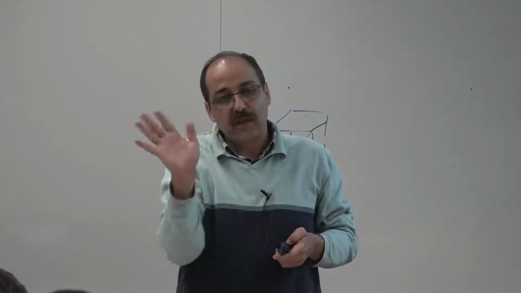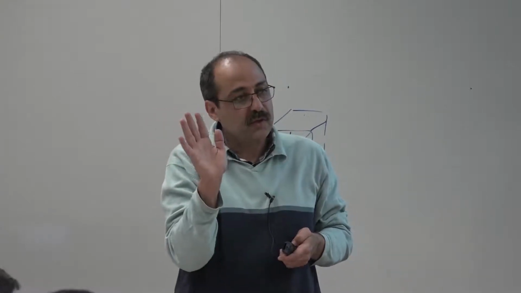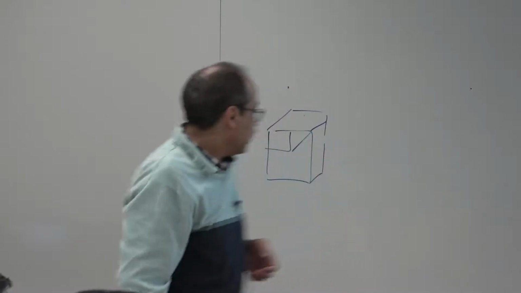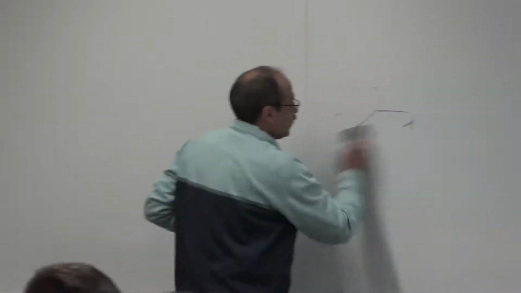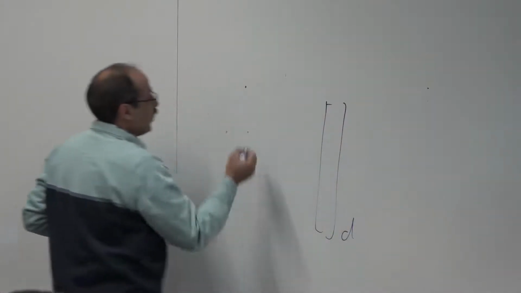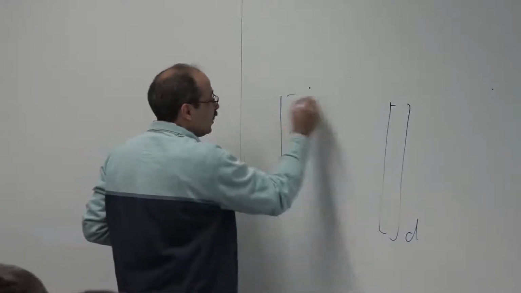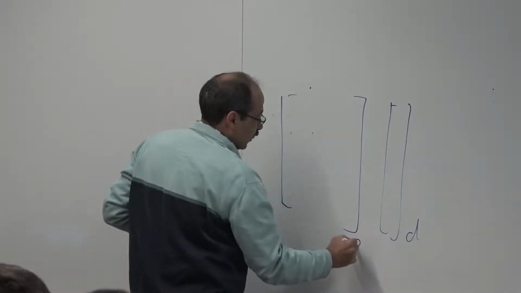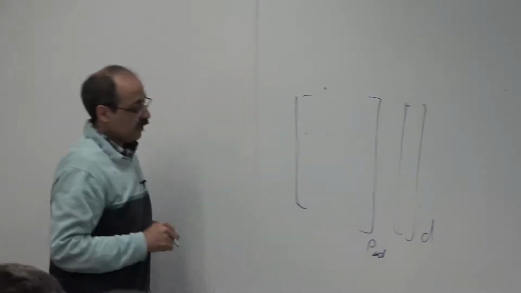There are actually interesting properties about random projection. Forget about neural networks and convolutional neural networks. If you want to reduce the dimensionality of the data, say I have d-dimensional data and I want to reduce it to p dimensions, I multiply this vector by a linear transformation, p by d.